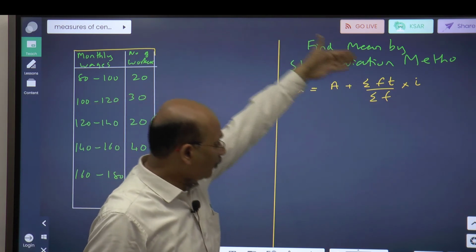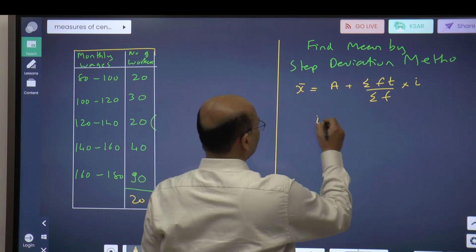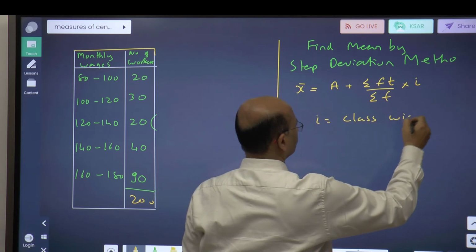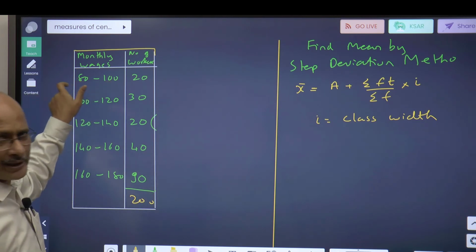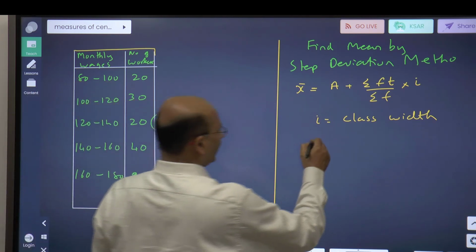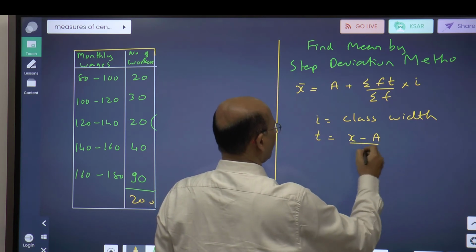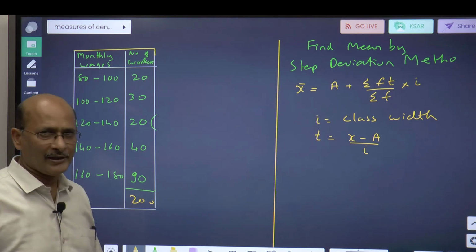But the problem is, what are t and i? I will tell you. i is nothing but the class width. How thick is the class? And t stands for x minus a upon i.